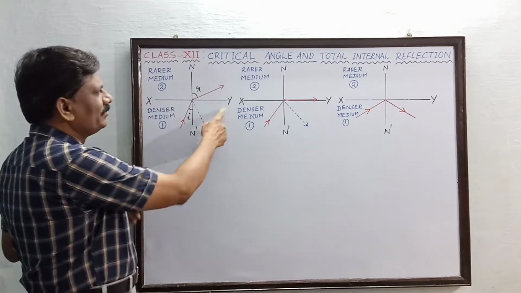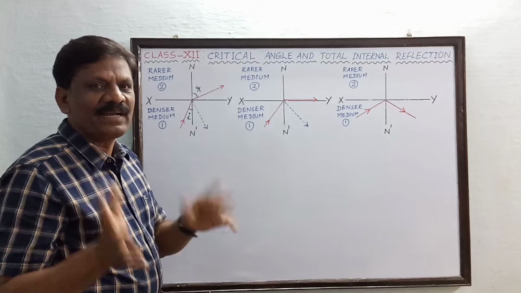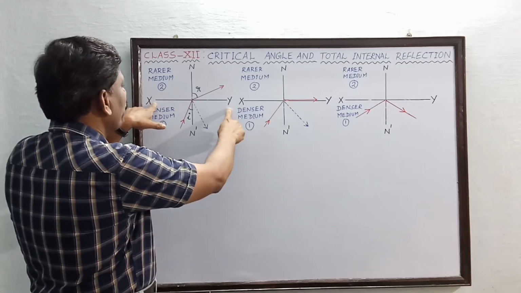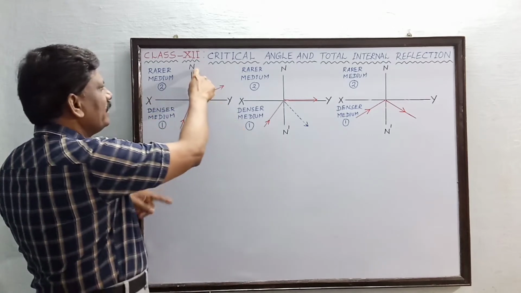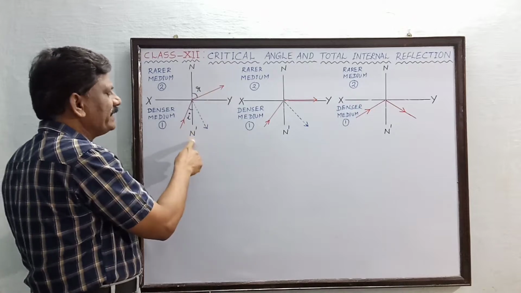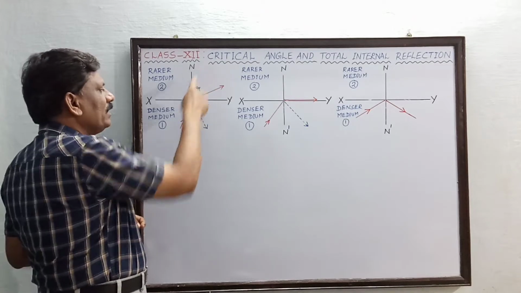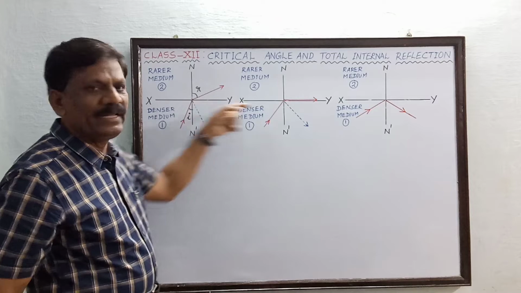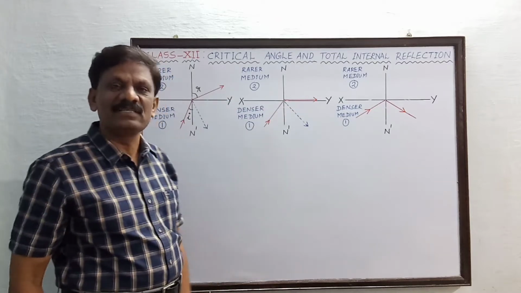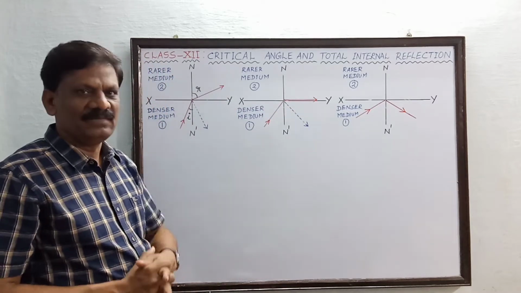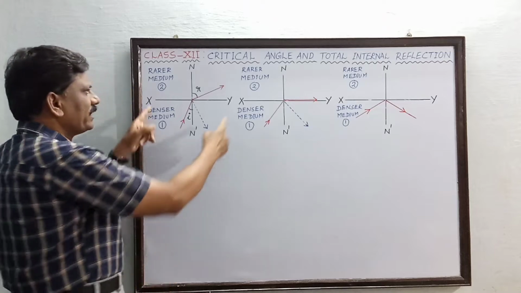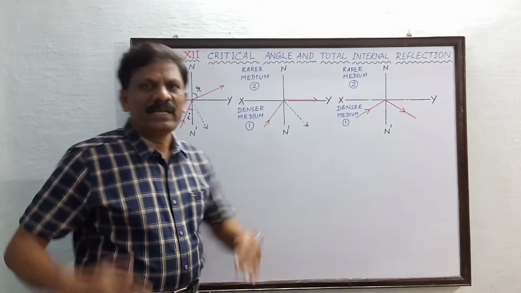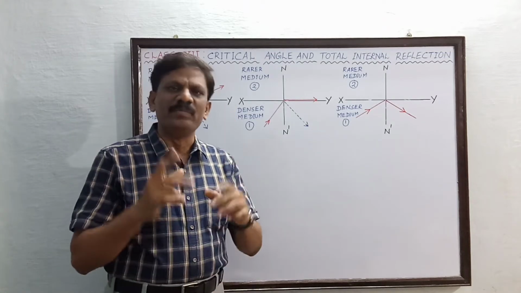In the first diagram, I have taken a plane refracting surface XY and N is the normal, passing up to N dash. So N dash is perpendicular to the refracting surface. That is why it is called the normal. And XY is the line of separation between two media.